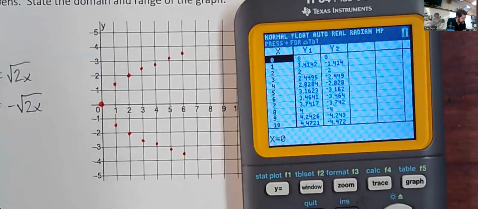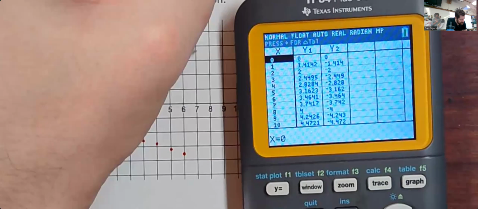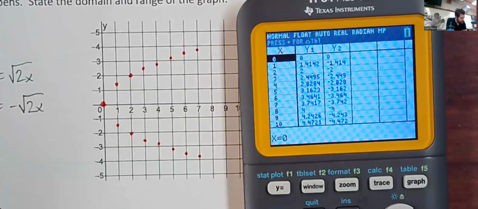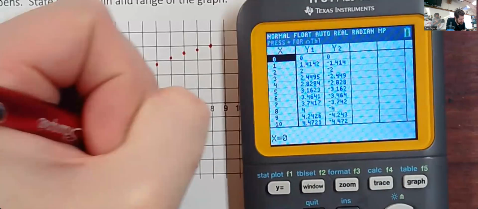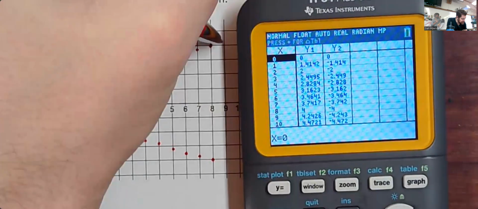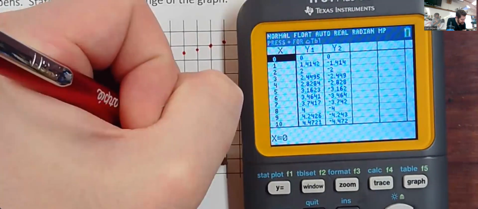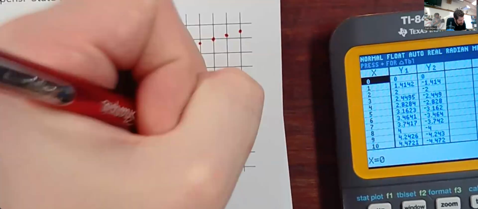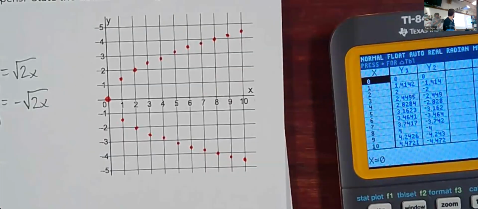What else? Where are we at now? 7. 3.75, that's about here, and about here. 8, 4, 8, -4, that's easy. 9, 4.25, so about a quarter of the way up there, and about a quarter of the way down over here. And then about +4.5 and about -4.5. So that's generally about what it's going to look like.